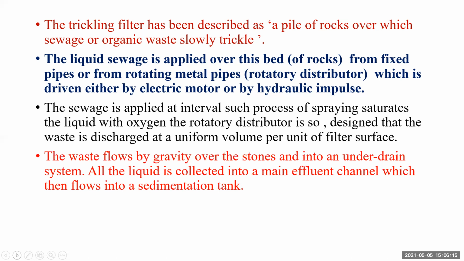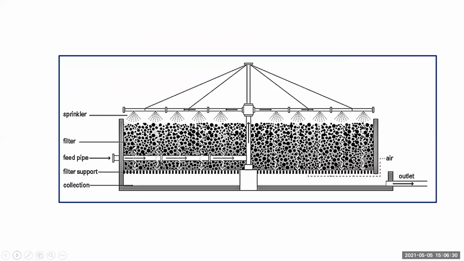And then whatever liquid flows down is collected through the tiny channels into the main effluent, or you can say into the under drainage system. From this under drainage system, the treated effluent goes to the secondary sedimentation tank. So this is the cross section of a trickling filter.